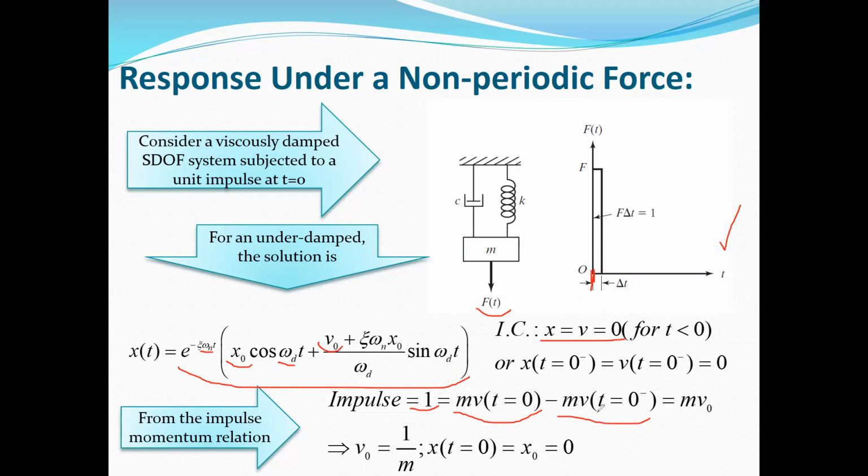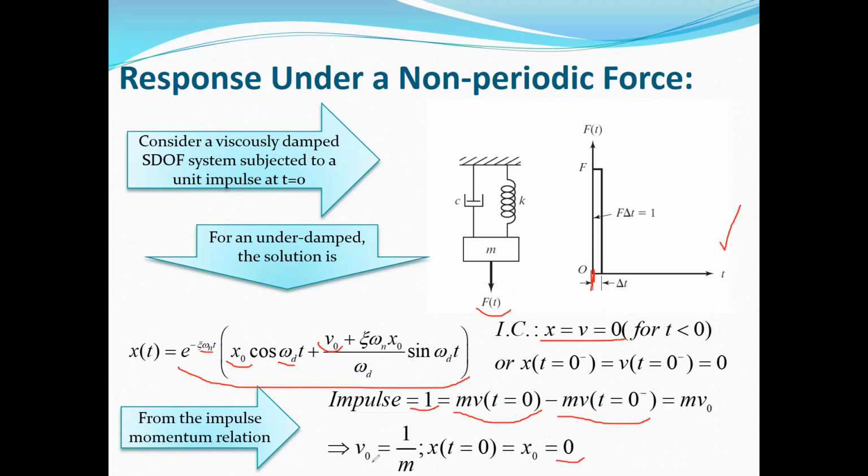From here, we conclude that the initial velocity after the impact is equal to 1 divided by m, and the initial displacement remains the same as before the impact, equal to 0, because this impulse only affects the velocity of the mass m, and it will appear as an initial condition in the velocity of mass m.